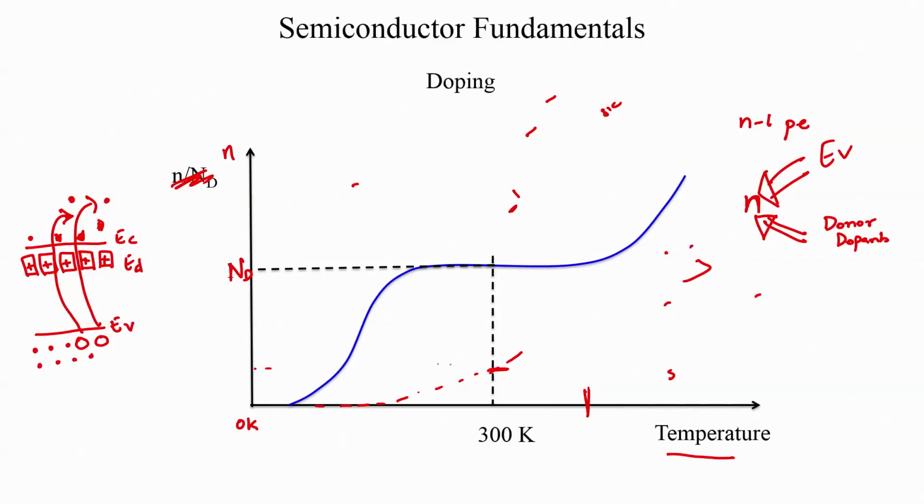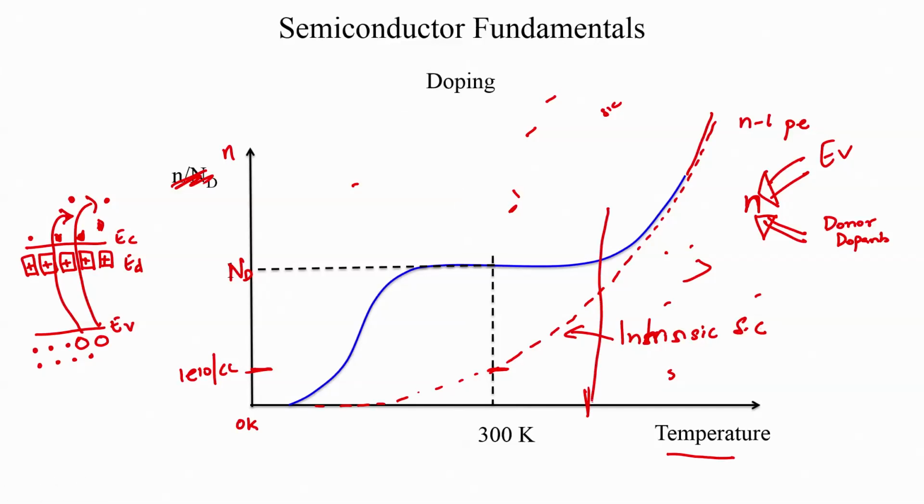It would have crossed the 1e10 per cc mark for silicon here, and it would have continued to increase, and it would sort of asymptotically merge with this curve. So, this is what a purely intrinsic semiconductor would have done. And therefore, in this region it is as though the doped semiconductor behaves like an intrinsic semiconductor. All right.